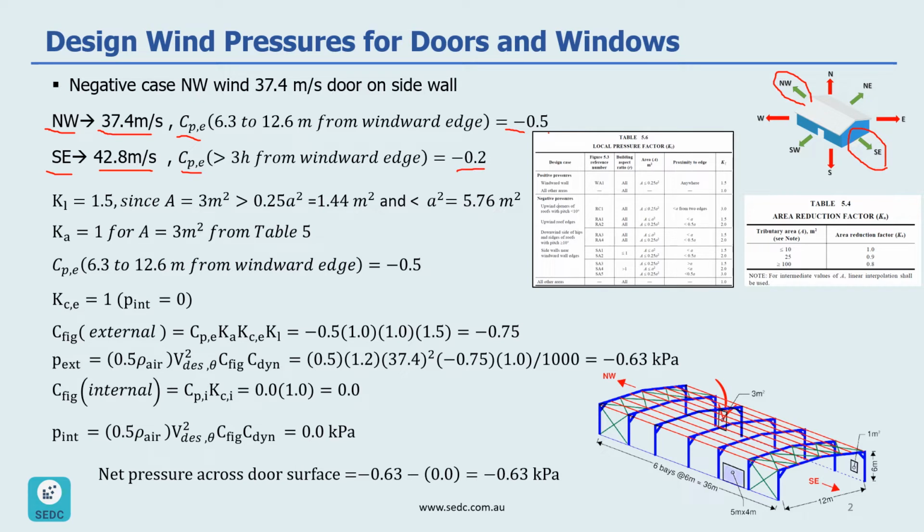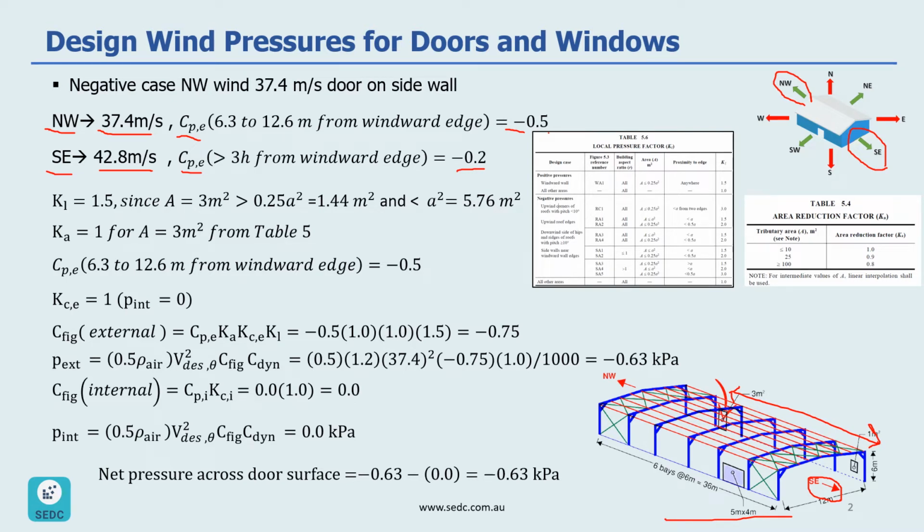And the reason for that is that the door is located in the area that is the spacing would be larger than 3H from windward edge. So if you look at this picture here, we are looking at the wind in this direction, southeast. So we are looking at this spacing from windward edge. So this is larger than 3H.